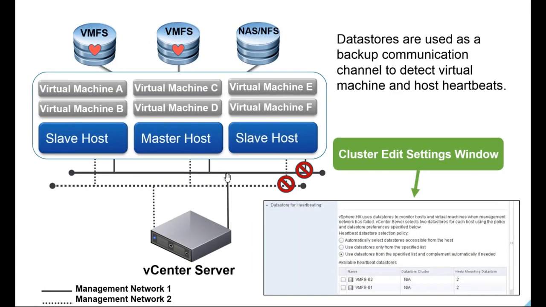Okay. So coming back to this concept, why was the data store heartbeating functionality not there earlier? Because your HA database is stored on data stores. If for some reason your data store was disconnected, your HA will not function.